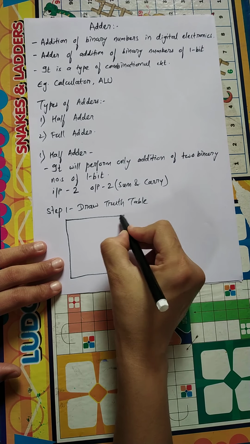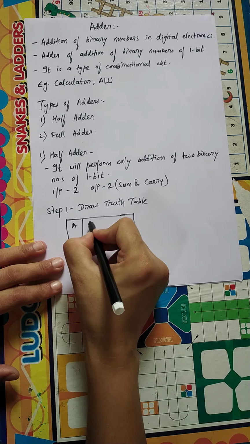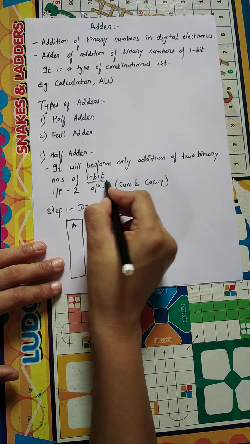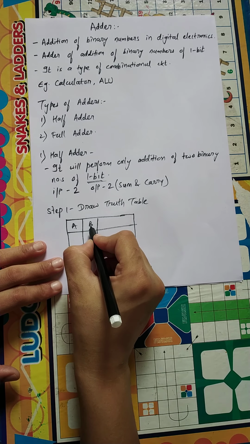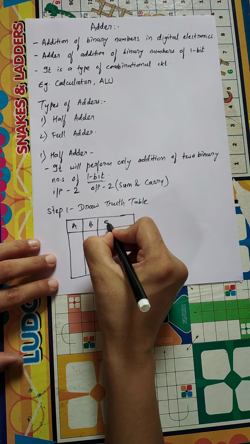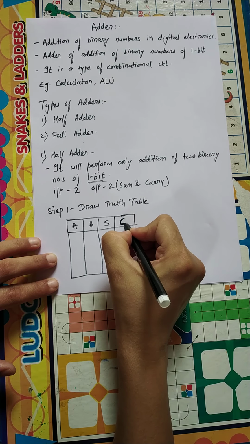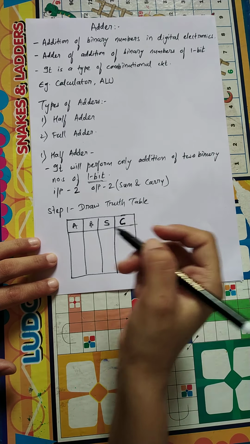Two inputs are there, that is A and B. A is of 1 bit and B is of 1 bit. So these two are the binary inputs of 1 bit, right? And what is the output? Sum will be represented by S and carry will be represented by C, right?